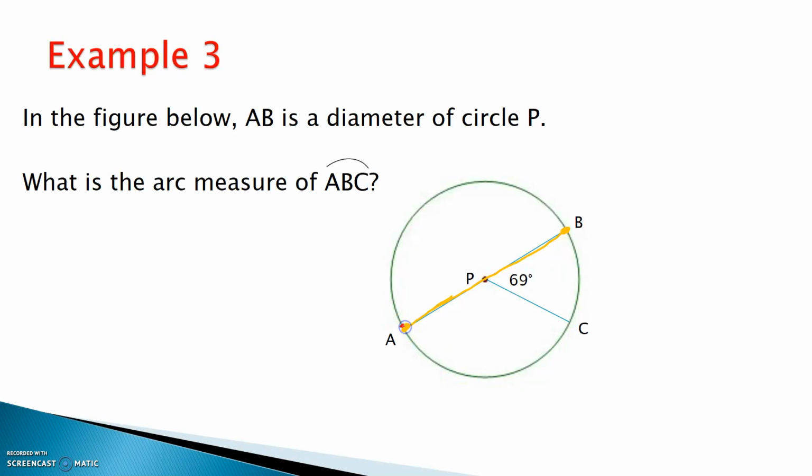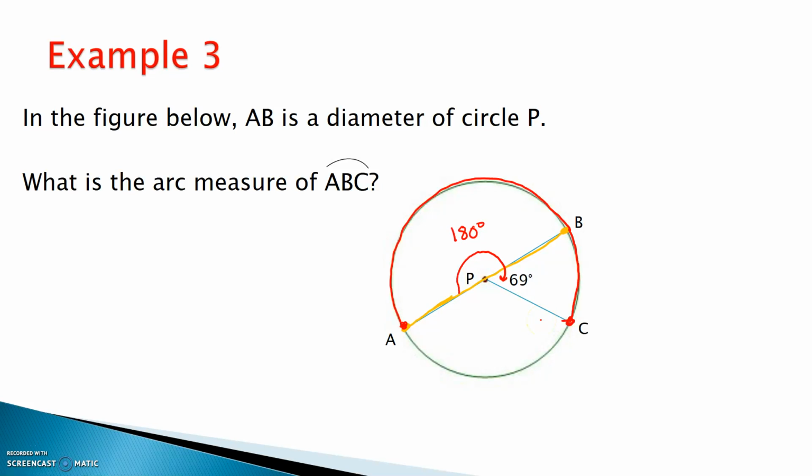So from A, go all the way around to B, cross it, and continue to C. I want to know what the central angle is all the way around. That is a pretty large angle. Well, how can I figure it out? Remember, use that definition of diameter from A to B. That broke your circle in half. That means there's 180 degrees on this side, 180 degrees on the other side.